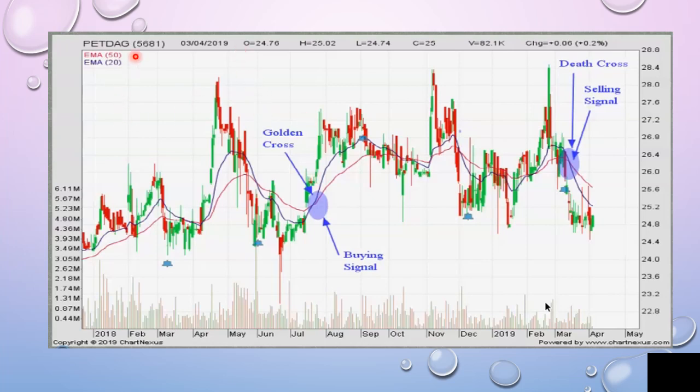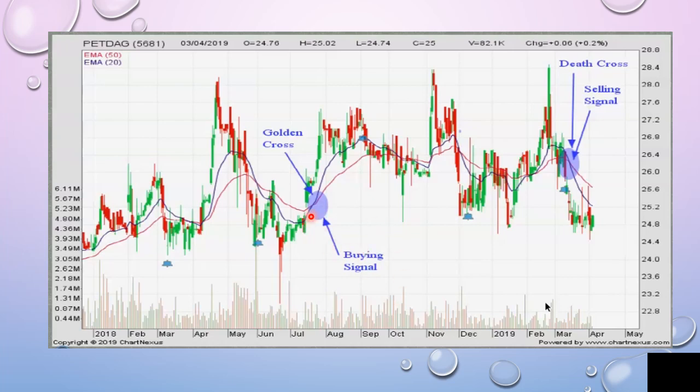So for EMA, it is also best to have two lines. Here the example is EMA for 20 days and 50 days. So you can see its lag indicators are reduced in order to identify the buying signal or the selling signal.